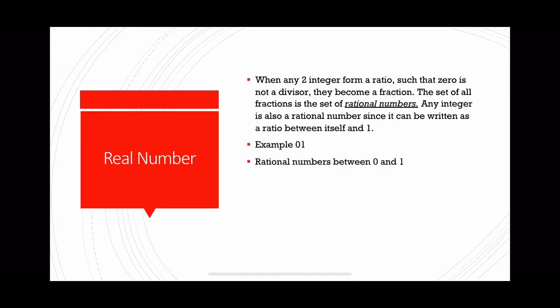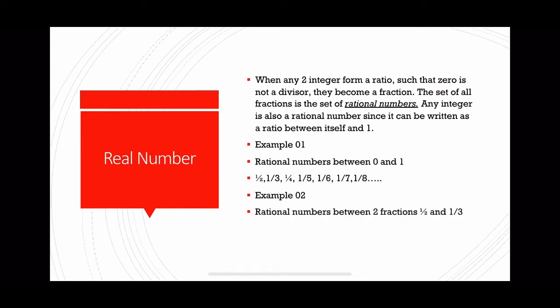Examples: rational numbers between 0 and 1 are 1 over 2 or 1 half, 1 third, 1 over 4 or 1 fourth, 1 over 5, 1 over 6, 1 over 7, 1 over 8, and so on. Example number 2, rational numbers between two fractions 1 over 2 and 1 third: 7 over 20, 11 over 30, 23 over 60, 2 over 5, 5 over 12, 13 over 30, and so on.